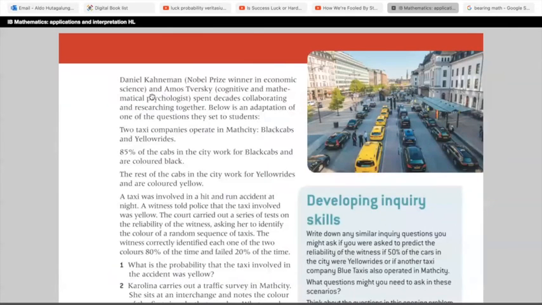Daniel Kahneman, Nobel Prize winner in economic science, and Amos Tversky, cognitive and mathematical psychologist, spent decades collaborating and researching together. Below is an adaptation of one of the questions they set to the students. Two taxi companies operate in Math City, black cabs and yellow rides. 85% of the cabs in the city work for black cabs and are colored black. The rest work for yellow rides and are colored yellow.